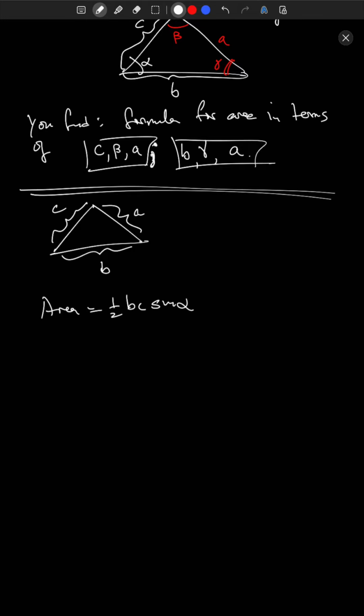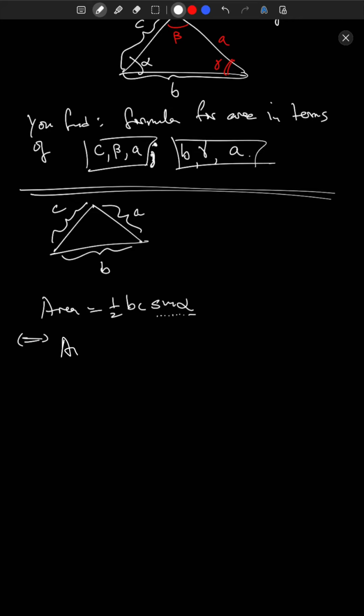Well, one thing we know is that if we square both sides, we can get a sine squared of alpha there, and we know that sine squared of alpha can be converted to cosine squared of alpha. Now that doesn't sound very helpful, but we also know that the law of cosines involves a cosine of an angle, and everything else in the law of cosines is a length. So if we convert that cosine into lengths, then all we'll have is lengths. So let's do exactly that.